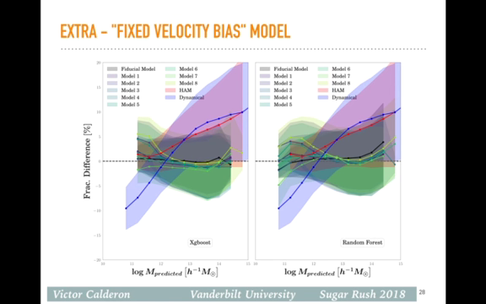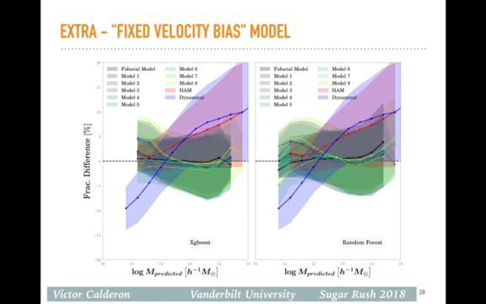On the x-axis you have the predicted mass from the algorithm or the traditional methods, and on the y-axis you have the fractional difference. This plot is saying that at lower masses they don't do as well as the traditional methods, but at higher masses they are doing much better.